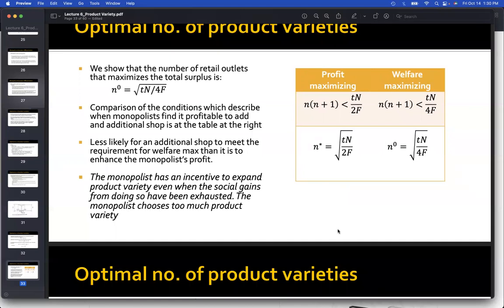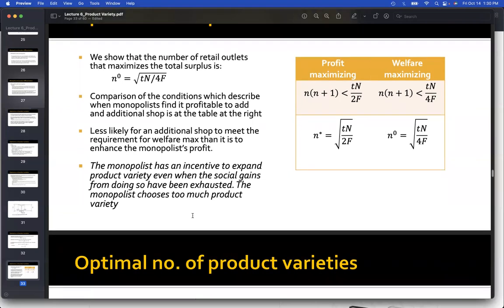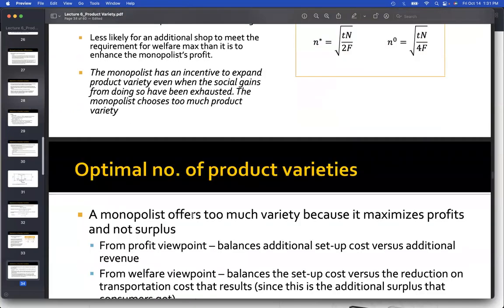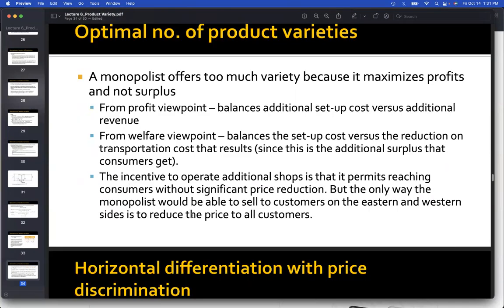So that's why the monopolist has an incentive, because the number of stores simply increases the price, and given that you're pricing such that you're selling to everyone, the total revenue will have to rise. Okay. So a monopolist offers too much variety because it maximizes profits and not surplus.